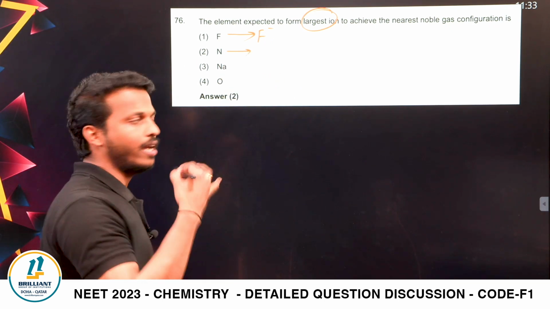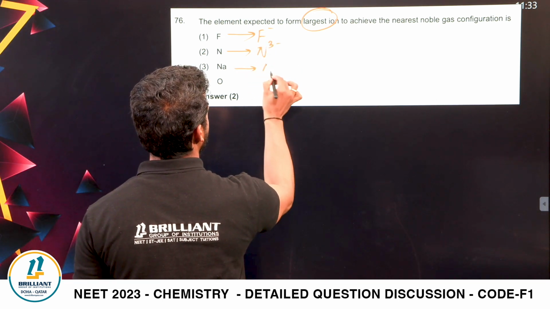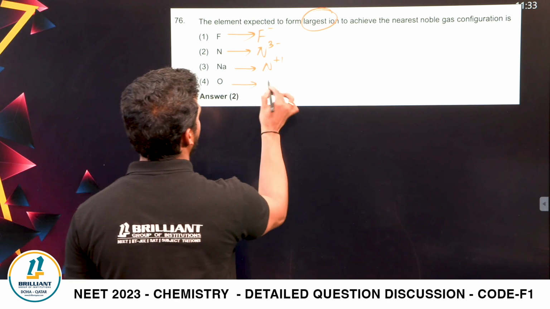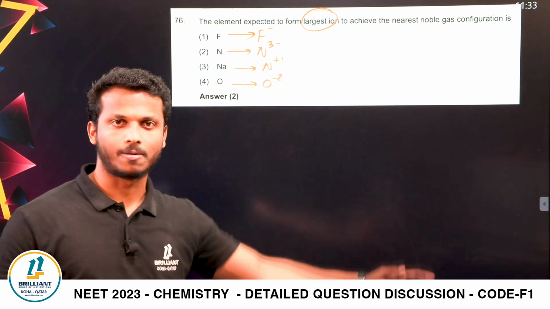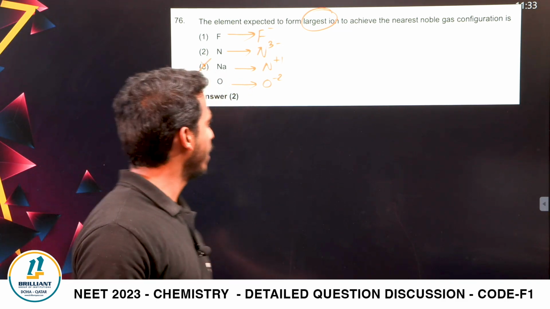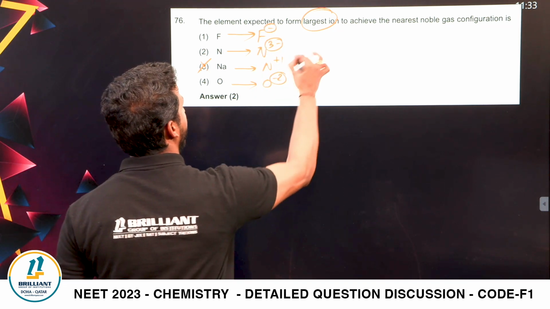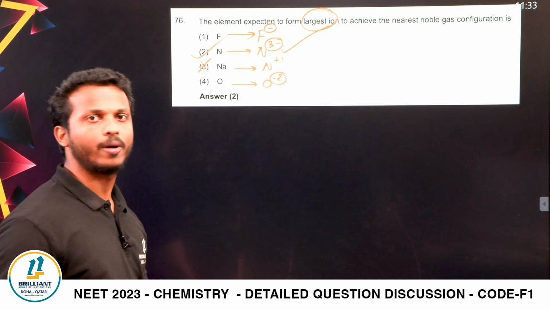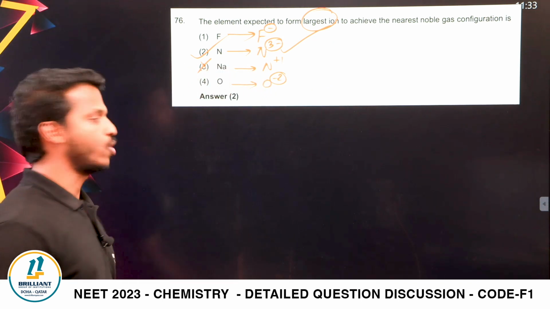Nitrogen, if it gets 3 more electrons, it completed, so N3 minus. Sodium, if it loses 1 electron, it completed. Oxygen, if it gains 2 electrons, its octet is completed. Which one has greater size? Anyway, sodium I can cut because sodium is a cation. Anions are bigger. Among the anions, greater the charge, greater the size, right? So option number 2, having greater charge, brings a noble gas configuration.